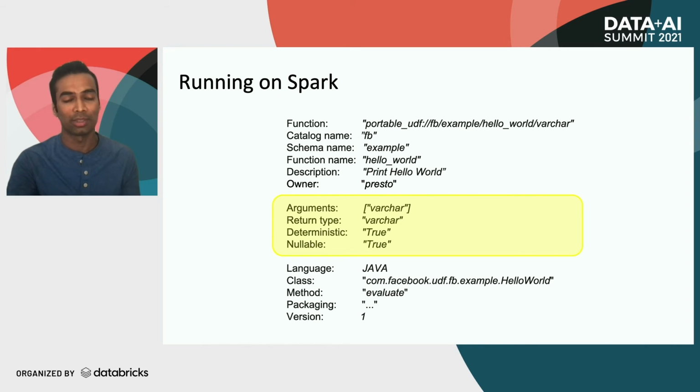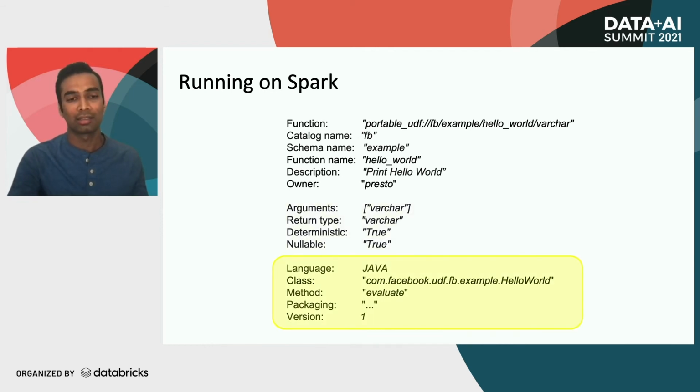Over here we have the argument types, whether the function is nullable or not, that sort of information. And the last piece of information that Spark needs is function execution information. For example, if it's a Java function, we want to know where the jar is that has the code for this UDF, what the class name is, and which method Spark should execute.